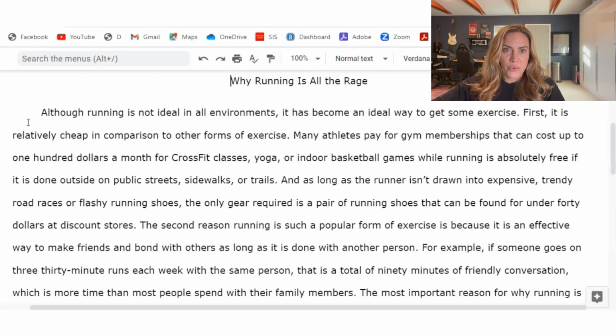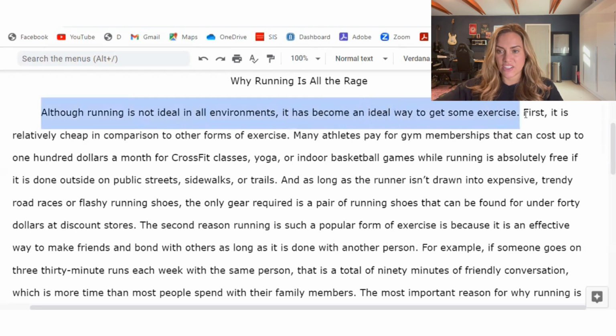Why running is all the rage. Although running is not ideal in all environments, it has become an ideal way to get some exercise. So the first sentence, I've read it. I can see that the verb tense is present tense, which is pretty typical. When you're writing a paper or a paragraph or a lot of things, we usually start with a general statement.